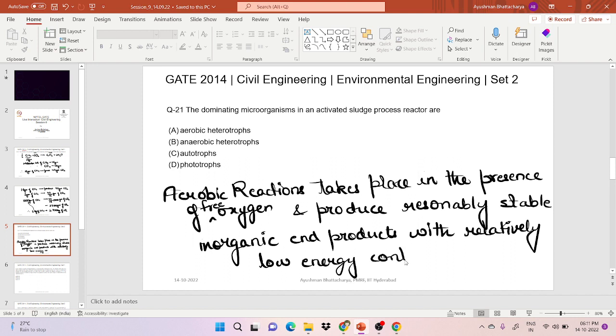So basically, in aerobic reactions, whatever reaction we call aerobic, that means it is occurring in the presence of free oxygen, and the end products are inorganic end products like CO2. It is an inorganic compound. And the end product which is formed has a very low energy content. Okay, so this is what we call aerobic reactions.